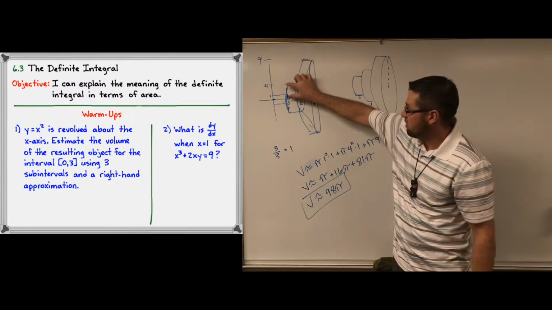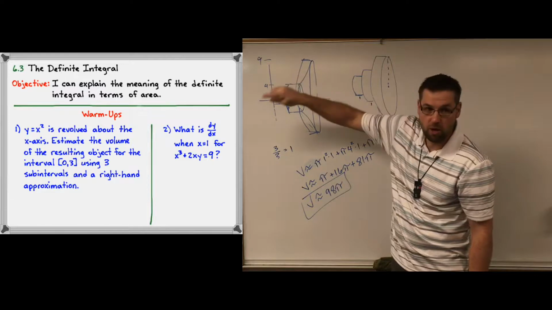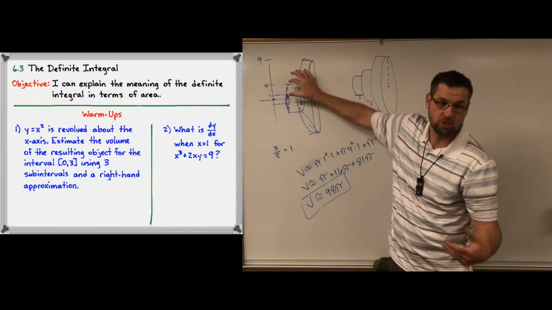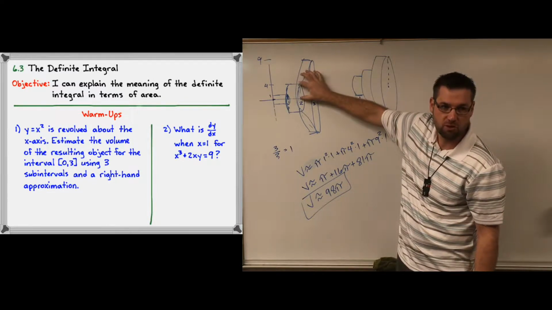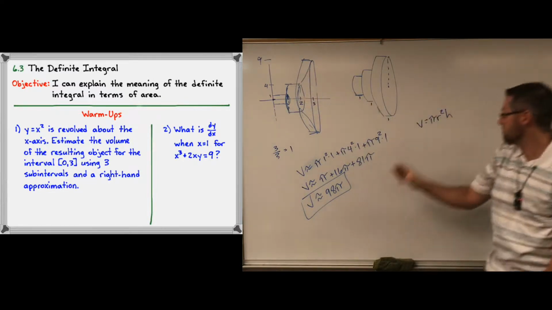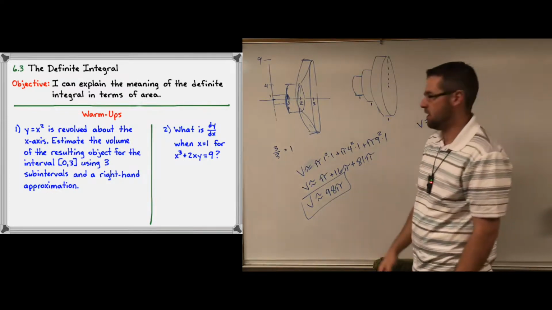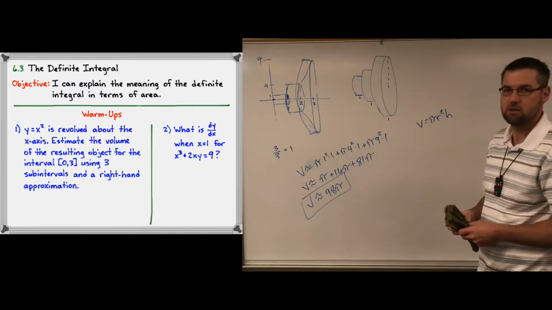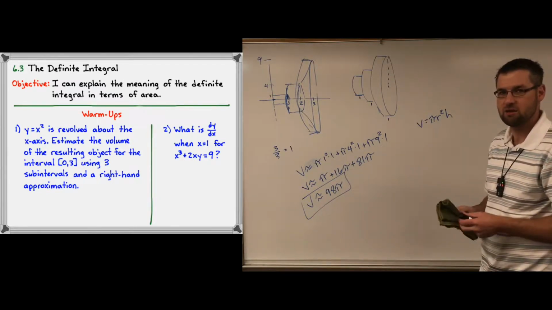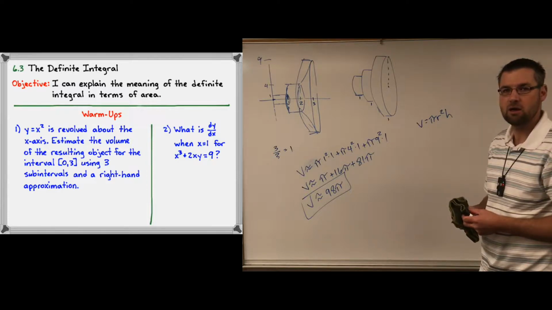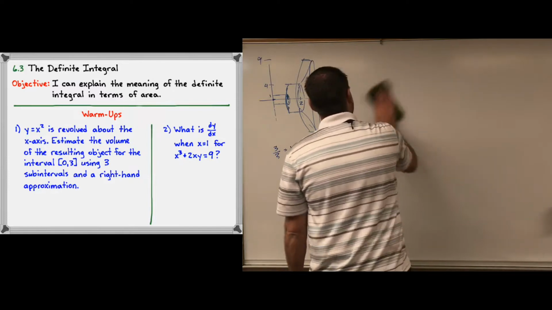So we found the radius by plugging in 2 to our equation, 2 squared is 4, so the radius is 4, and then we have to square it. So you're kind of squaring twice. Are we good with this? No as in I need more time, or no as I don't understand? Erica, I don't understand you.